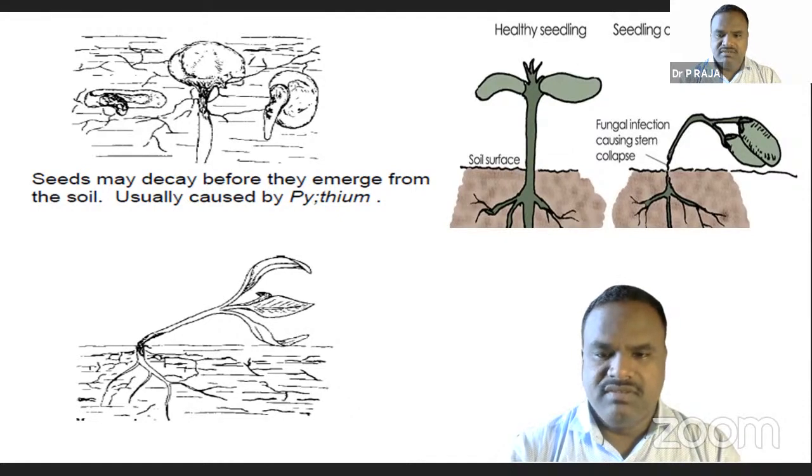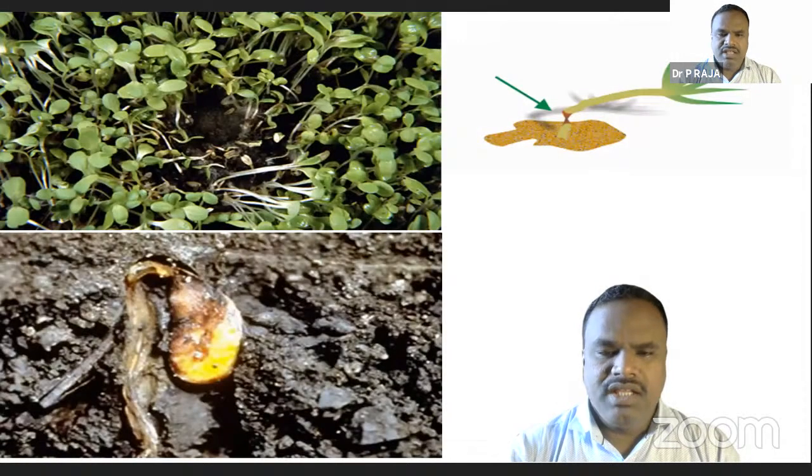Here you can see very clearly the infection on the seeds and thereby rotting. And on the other side, you can see the toppling of a seedling. And here, if you pull out the seedlings and observe, there is the typical necrosis on the crown region.